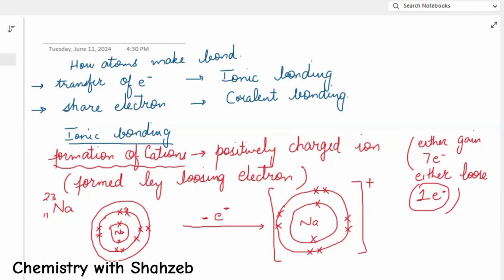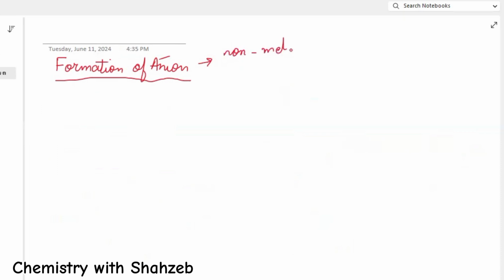Now let's move further and discuss the formation of anions. The formation of anions always occurs with non-metals, because non-metals are electron deficient, so they have the tendency to gain electrons.